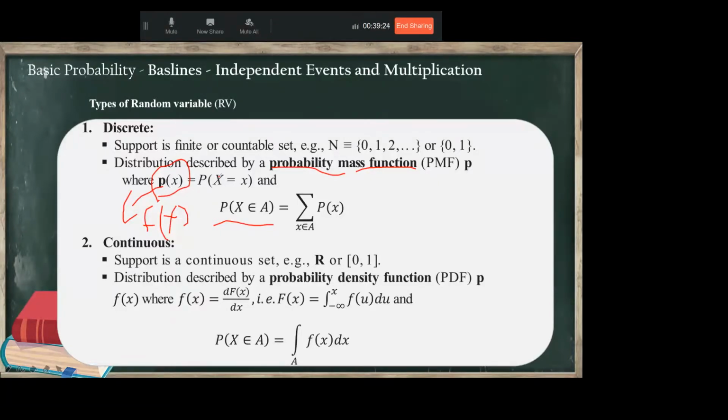Similarly, in a continuous random variable, we call it probability density function. So in discrete, we call it probability mass function. For example, with the same example, if we take x as 0, 1, 2, 3, and the probability of x is this, then the probability mass function is the sum of probabilities which only belong to A, like 2 heads, minimum 2 heads.